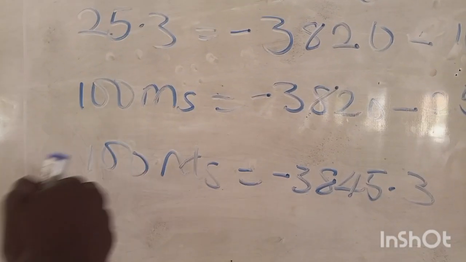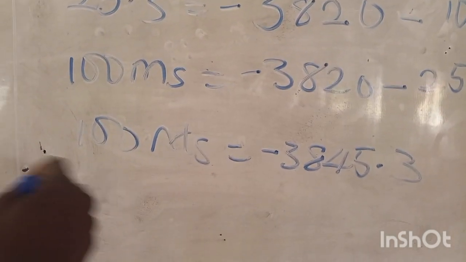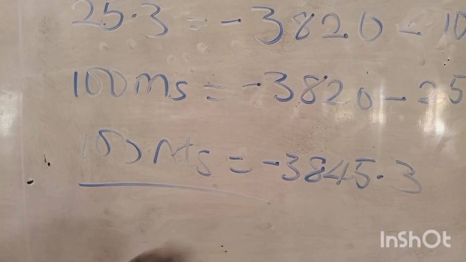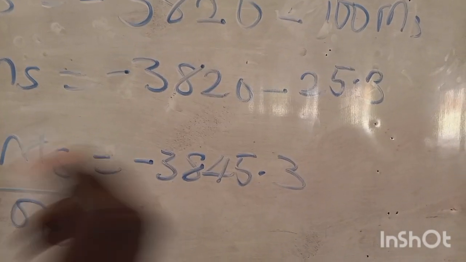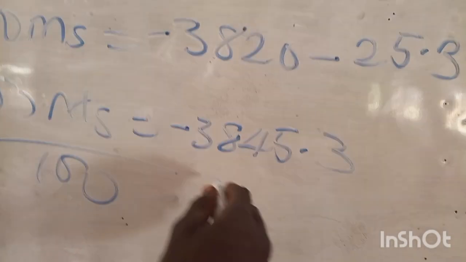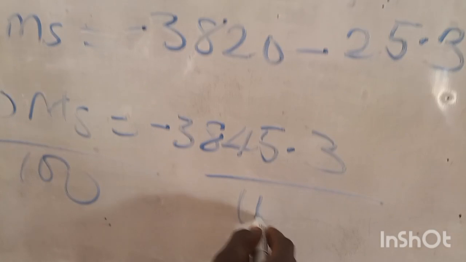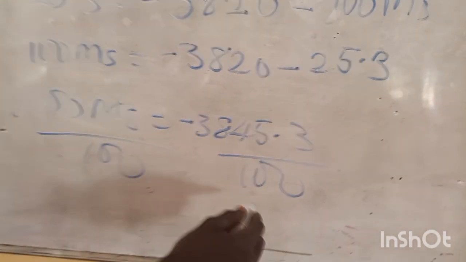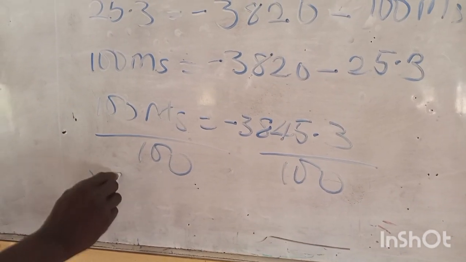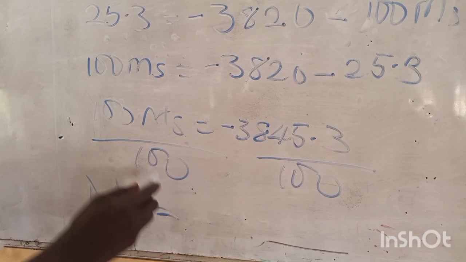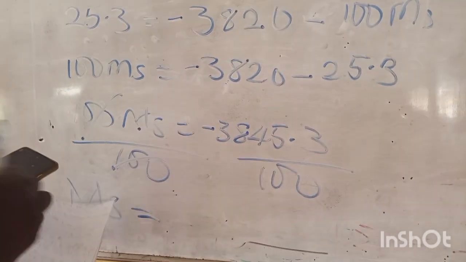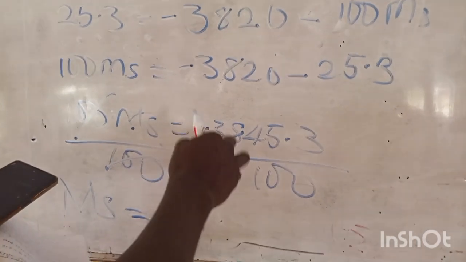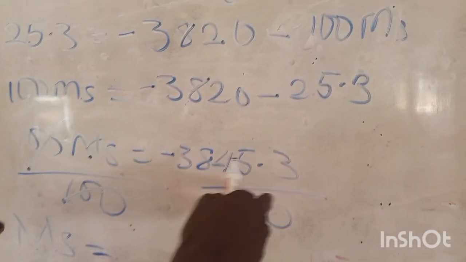Now, in order to separate this 100, what do we do? We are going to divide both sides by 100. This will come this way so that we can delete or separate the moisture content. So we are going to be having MS equal to, because this will cancel this, we are having only MS is equal to minus 3845.3 all over 100.